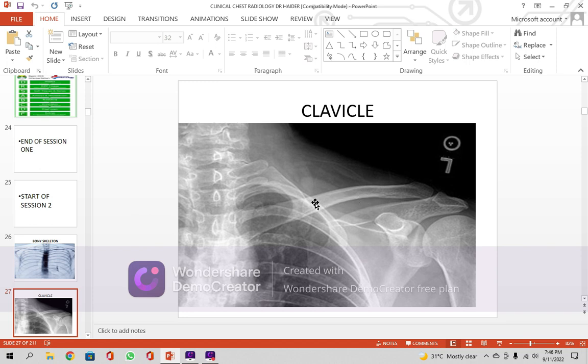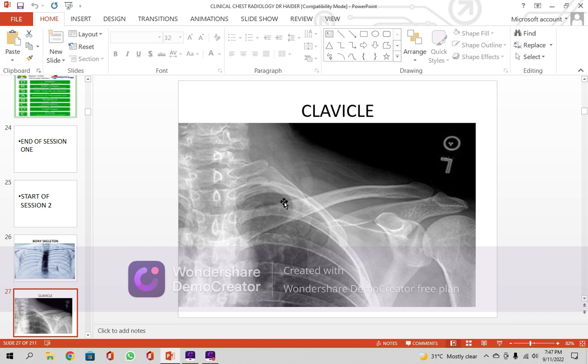Where the clavicle changes direction, this is mostly where we see fracture cases. The direction is changing here. So the strain of the force, when it is transmitted through it, it should go like this. But angulation occurs, therefore it breaks. The two-way direction of the force applied here is transmitted to the clavicle.